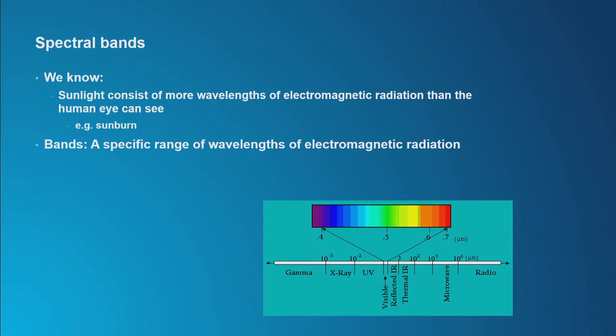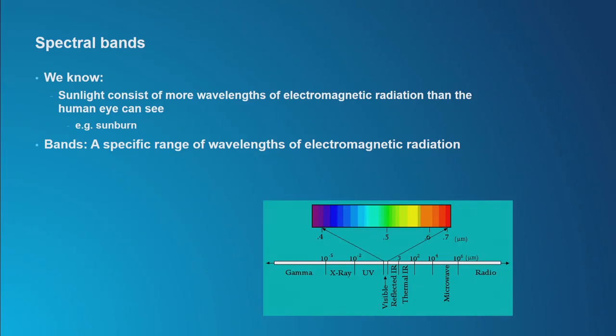For example, ultraviolet, that damages our skin, the infrared, the near infrared. All of these wavelength ranges are actually covered by different portions of a sensor. So you can imagine it in a way that a sensor has different channels that are each sensitive to a certain wavelength range of the electromagnetic spectrum. And that's what we really mean when we talk about spectral bands.